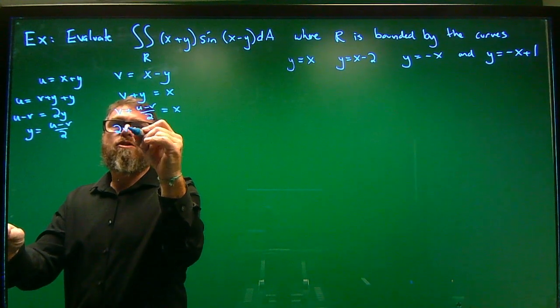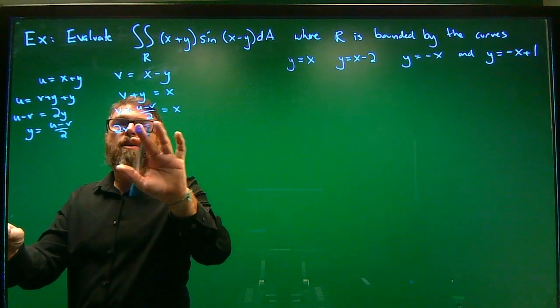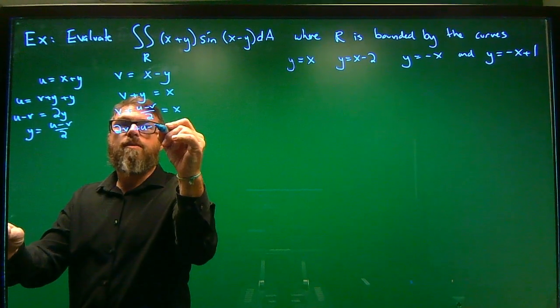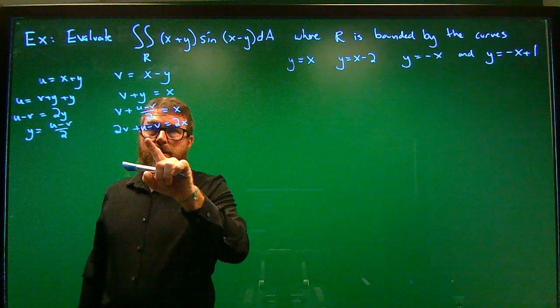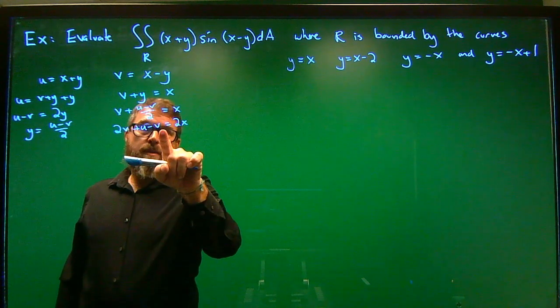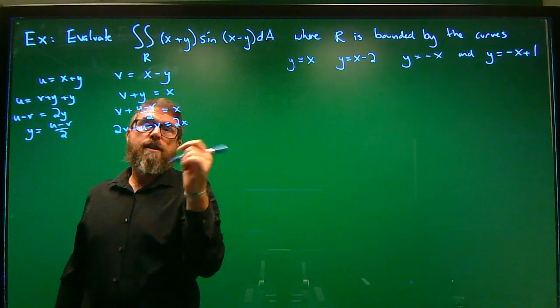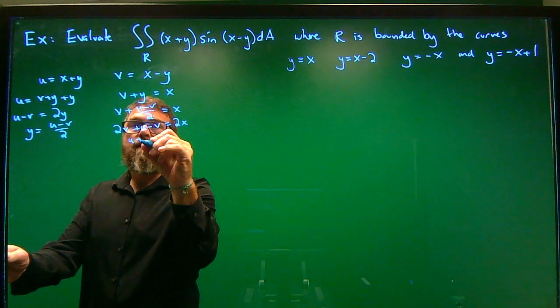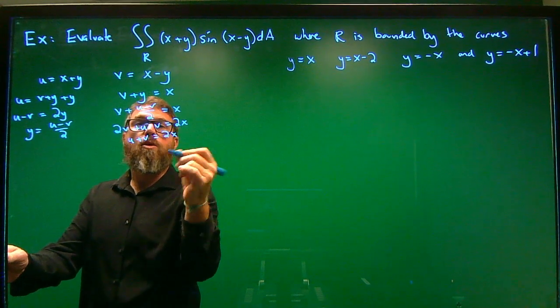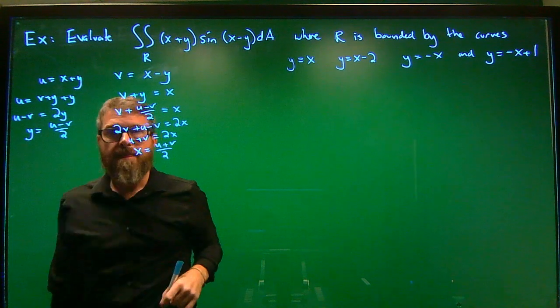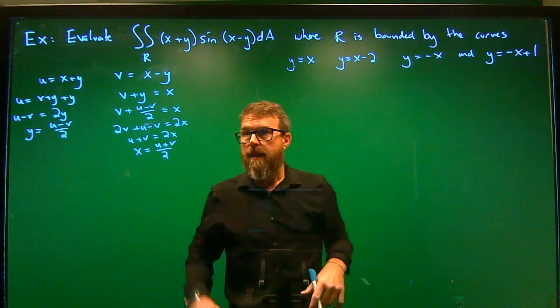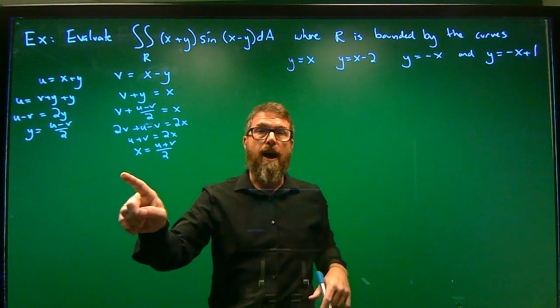So then 2v plus u minus v is going to be equal to 2x. Simplifying this, 2v minus v is just going to be v. So u plus v is equal to 2x, or x is going to be equal to (u plus v) divided by 2.